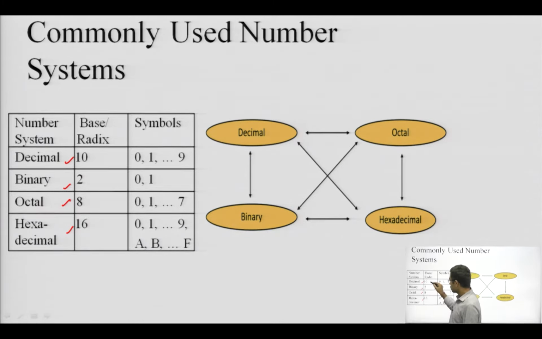The decimal number system offers 10 symbols, 0 to 9, binary offers 2 symbols, 0 and 1, octal offers 8 symbols, 0 to 7, and hexadecimal offers 16 symbols, 0 to 9, and then 10 to 15 are represented by A to F, 10 being A and 15 being F. So, these are the possible conversions between decimal, octal, binary and hexadecimal. Any number system can be converted into any other number system using some set of rules.